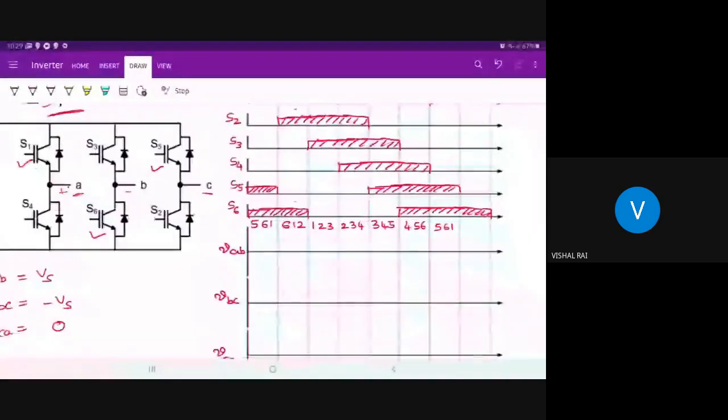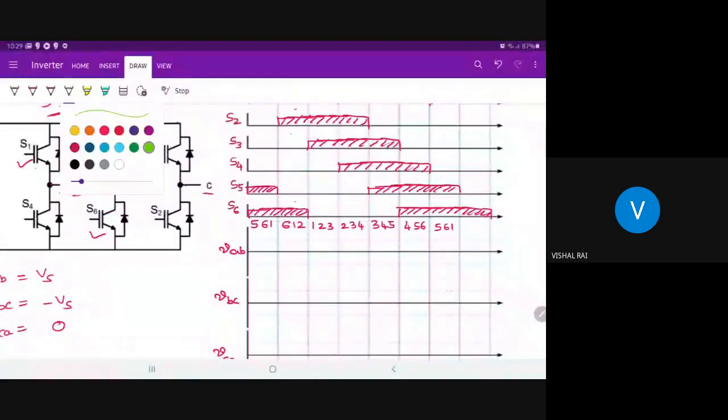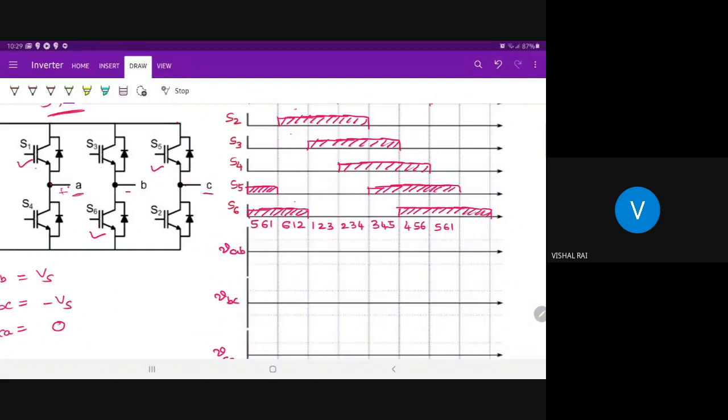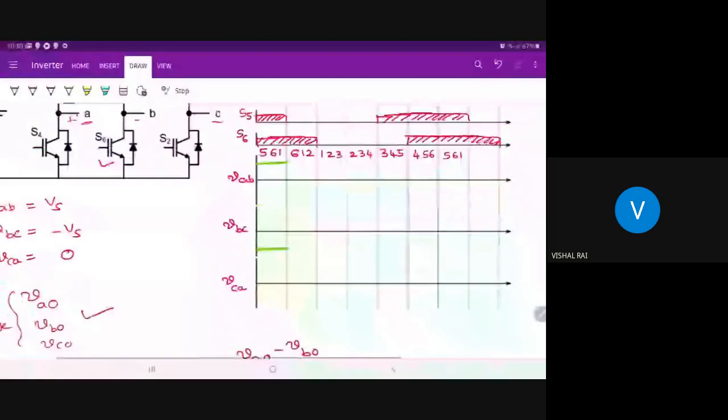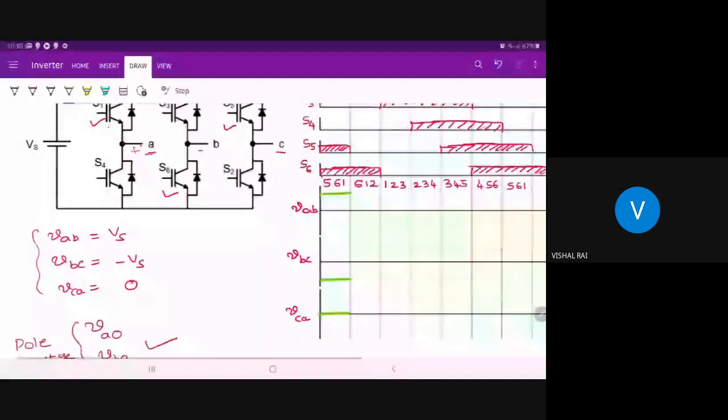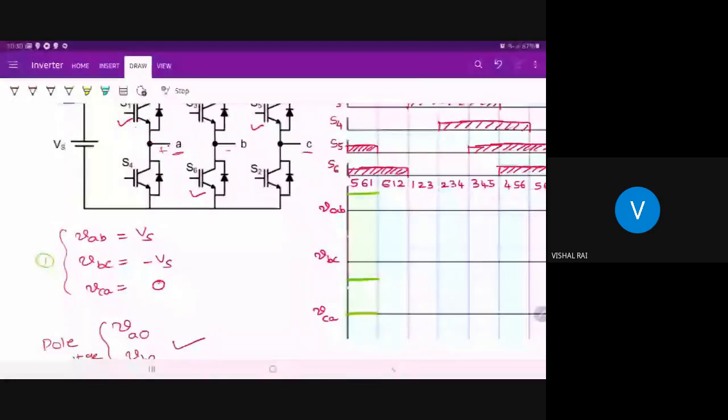This VAB is VS. And VBC is minus VS. You have this minus VS. And this VCA is 0, so I filled it with 0. Clear?